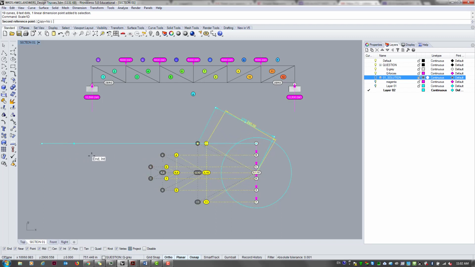So you see how the point 2 is moving horizontally. So what we want to do is to make an intersection point between the horizontal line from point 2 and this circle.